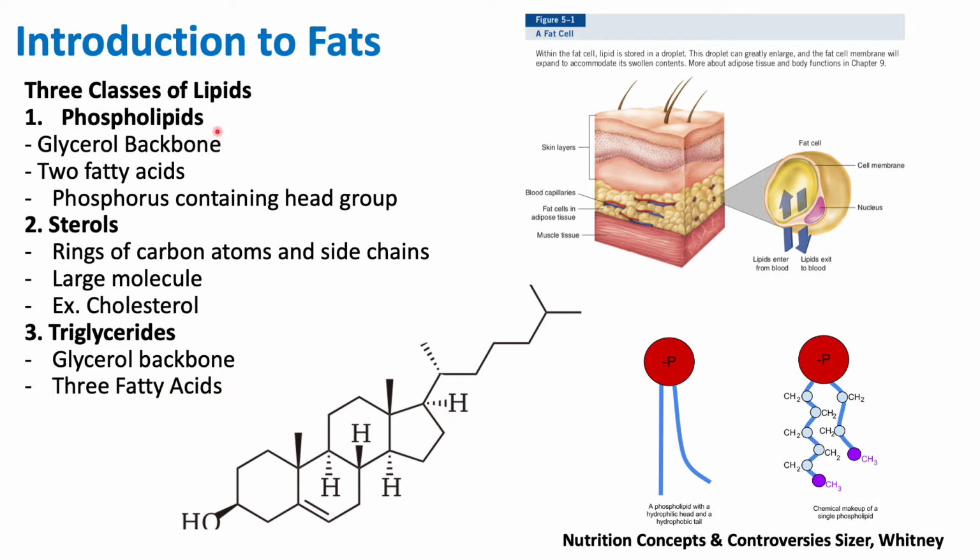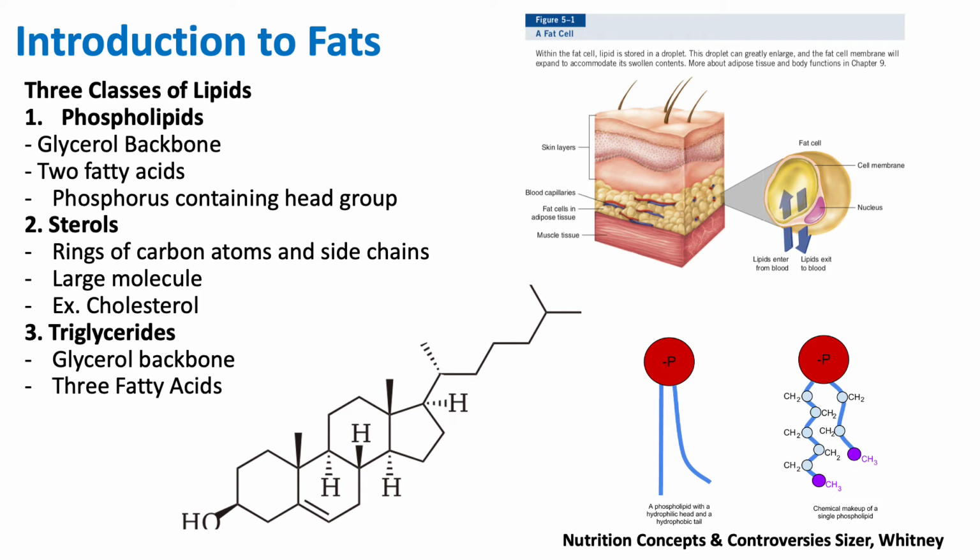The phospholipid, on the other hand, is very similar to a triglyceride, but instead of having 3 fatty acids, we see 2 fatty acids because the 3rd carbon on the glycerol backbone has the phosphate-containing head group. So a phosphate-containing head group, essentially, we would see the two fatty acid chains, we would see a phosphate group on top.